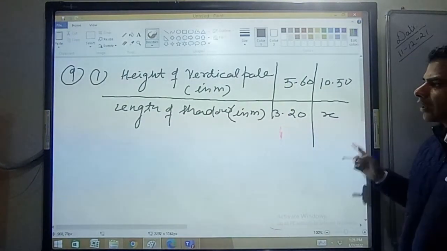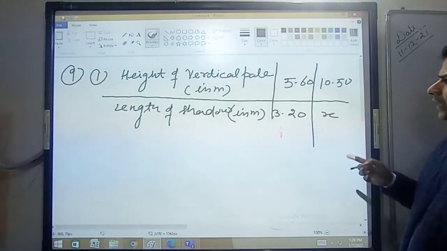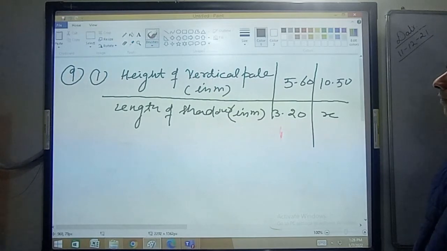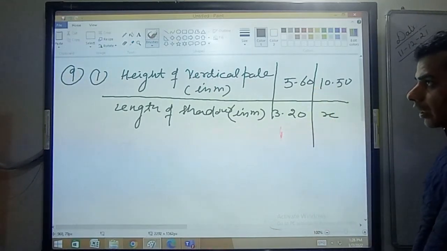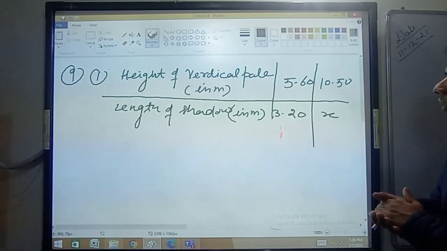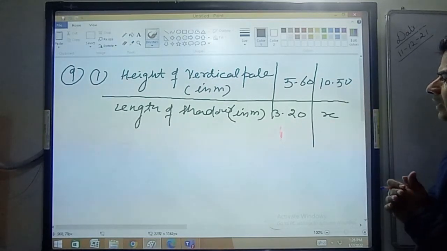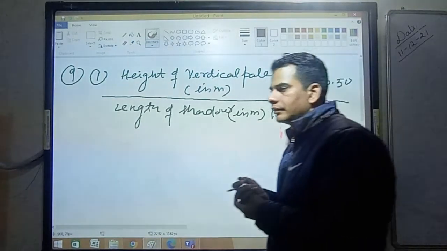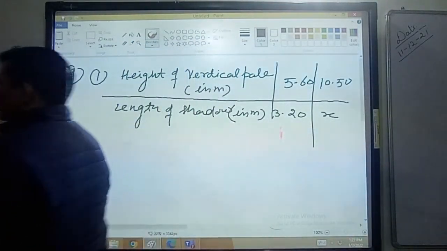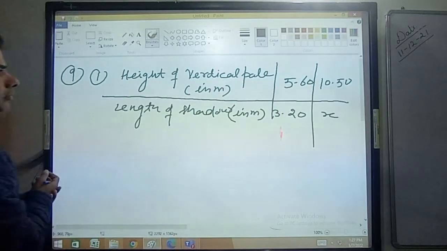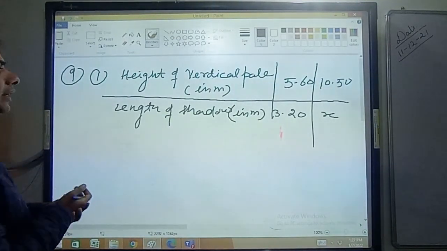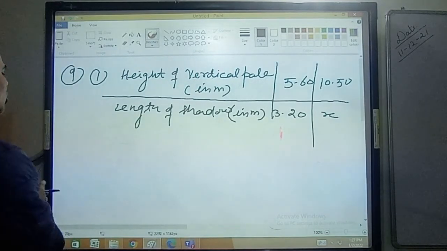Height of vertical pole 5 meter 60 centimeter, length of shadow is 3 meter 20 centimeter. If height of vertical pole becomes 10 meter 50 centimeter, will the length of shadow increase or decrease?